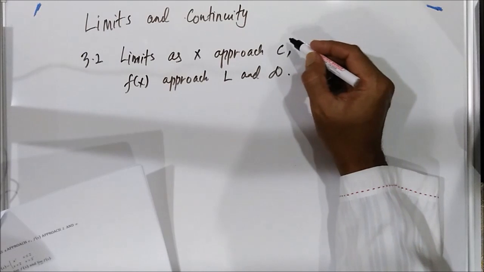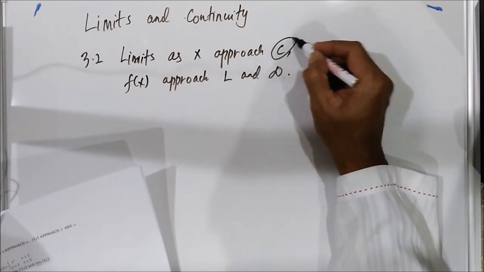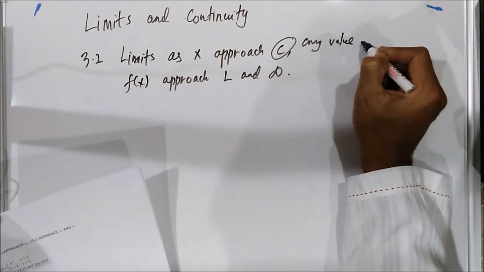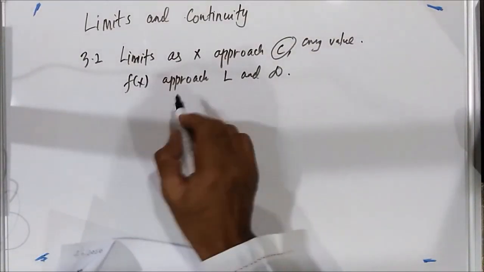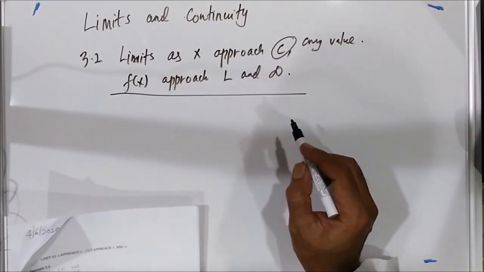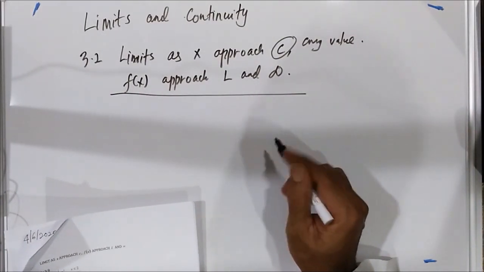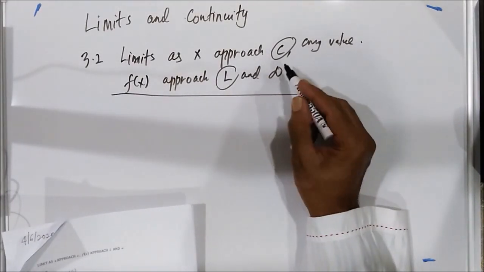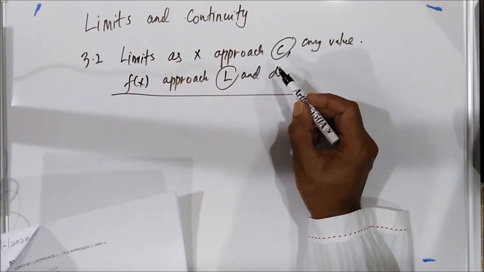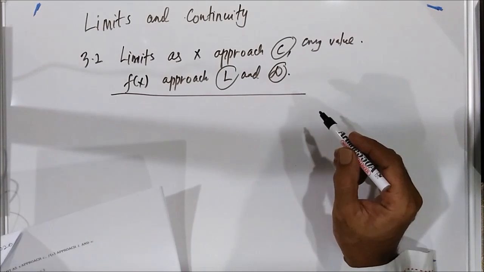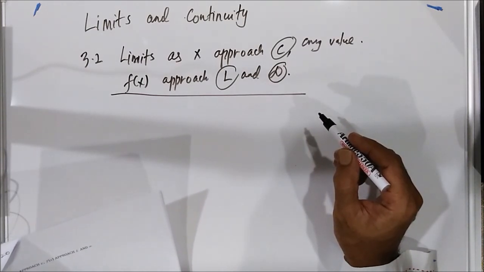Okay, we can take any value for c. So we're going to solve what is the result for the limit as x approaches c for any value, and then we expect that the answer will be L, sometimes the answer will be infinity, or maybe your answer can also be 0.